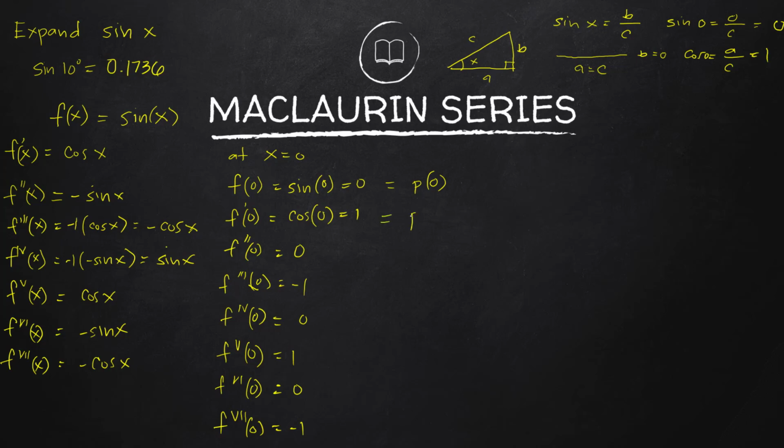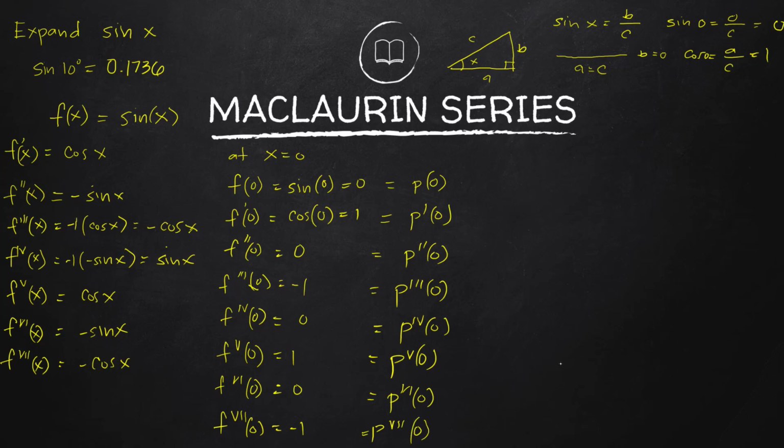This is also equal to p prime of 0, p double prime of 0, p triple prime, fourth, fifth, the sixth derivative, and the seventh derivative, and so on and so forth.